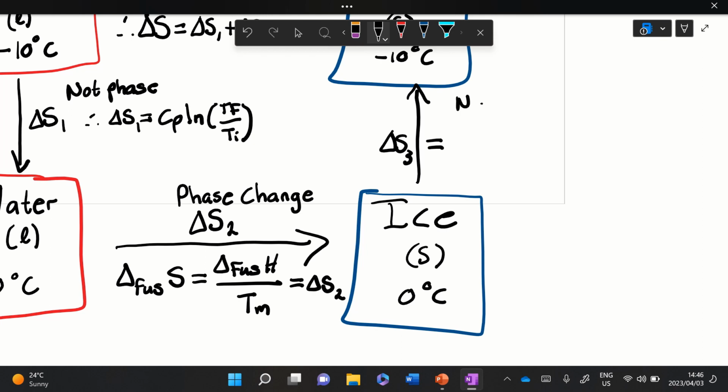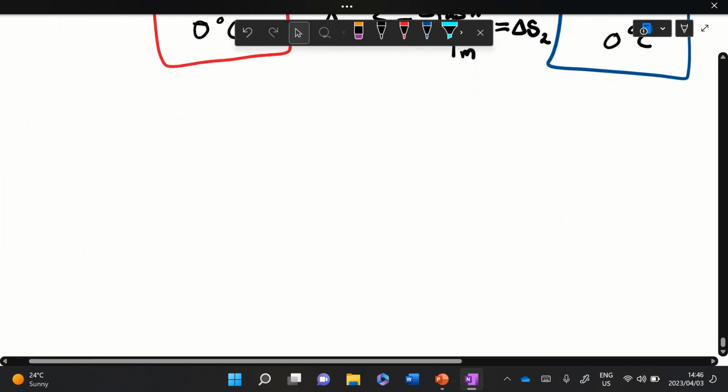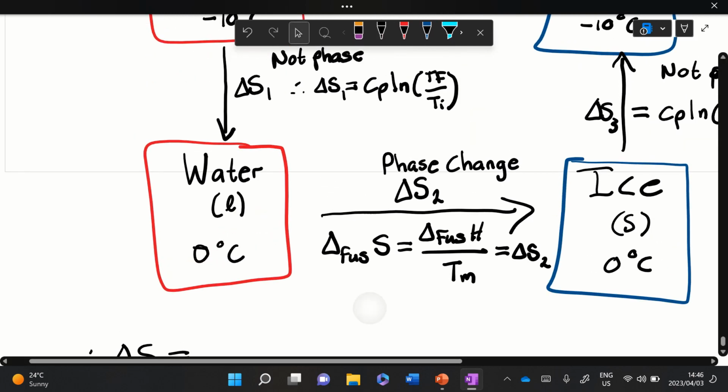This again is not a phase change. So again we can use the Cp ln Tf over Ti. That means delta S is going to be equal to Cp.